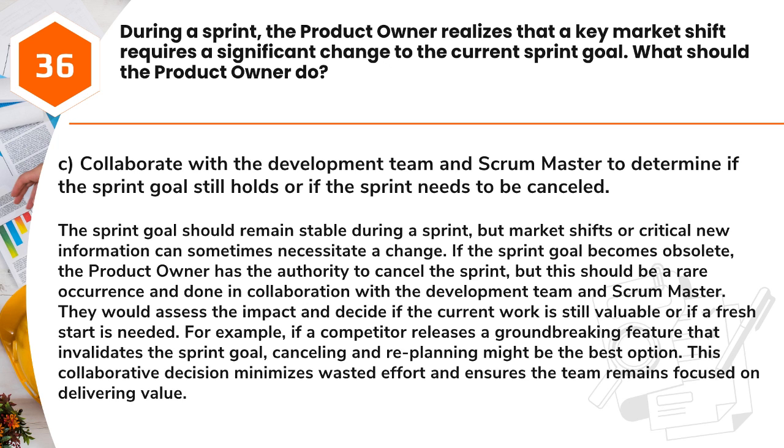They would assess the impact and decide if the current work is still valuable or if a fresh start is needed. For example, if a competitor releases a groundbreaking feature that invalidates the sprint goal, canceling and replanning might be the best option. This collaborative decision minimizes wasted effort and ensures the team remains focused on delivering value.